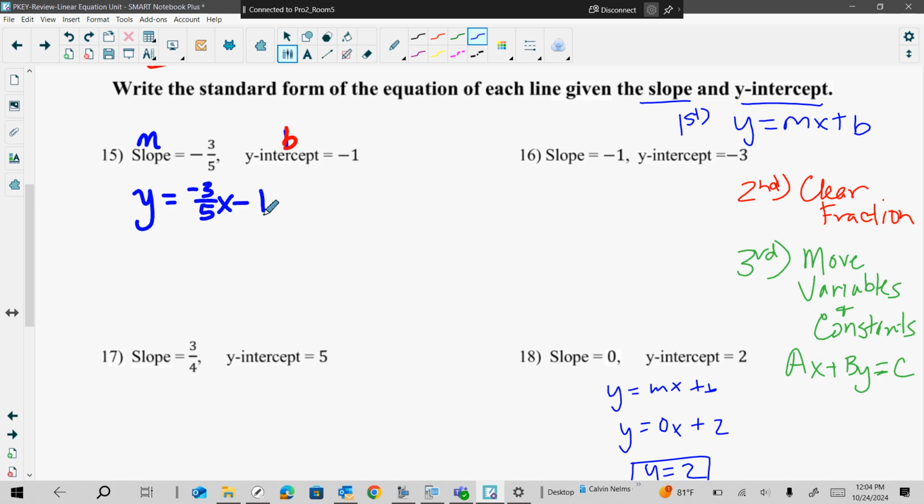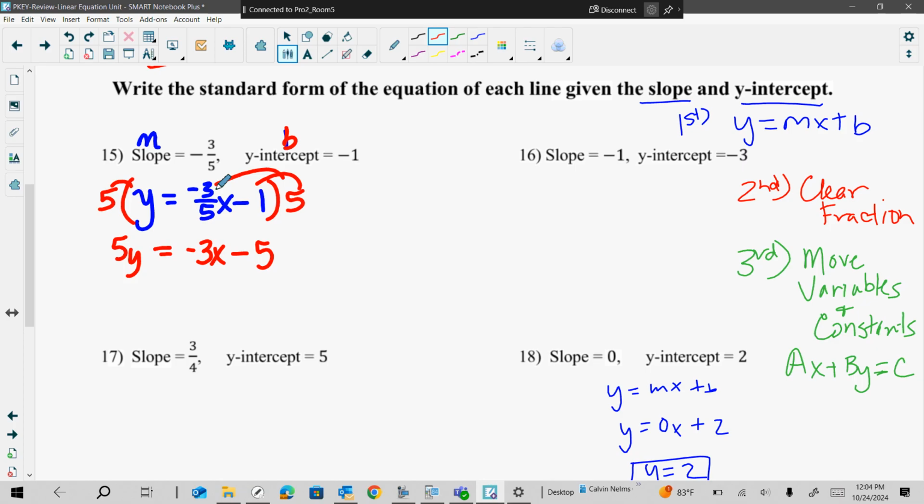That's step 1. Step 2 is we're going to clear the fraction here. So we have to multiply both sides by 5. You multiply by the denominator. So when I do that, this is now 5y equals negative 3x minus 5, because you're distributing it to each term.